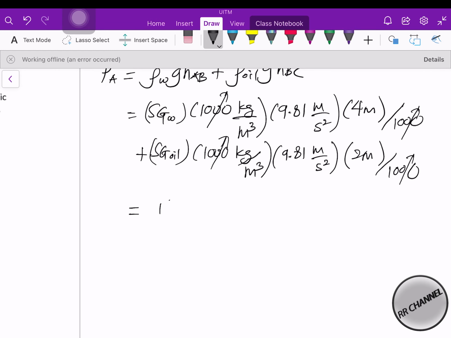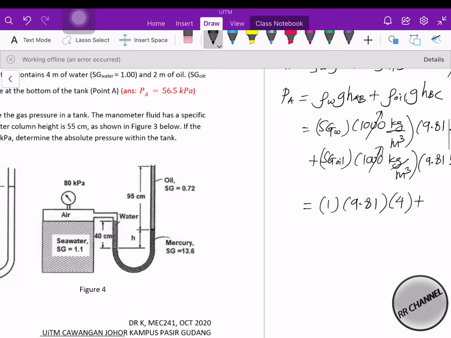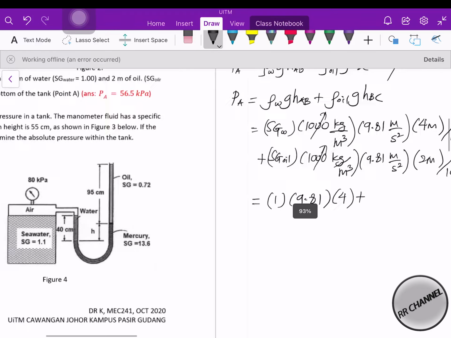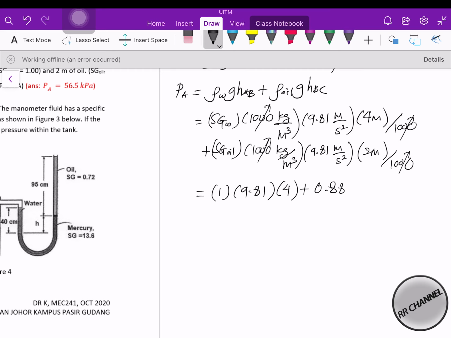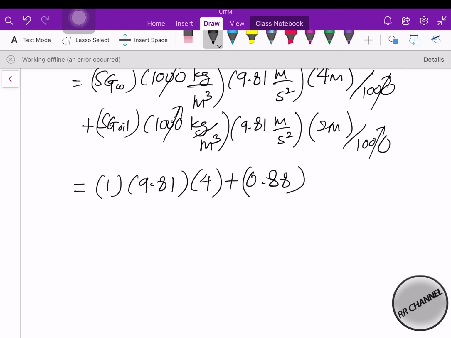SG for the water is equal to 1, then 9.81, this one is 4, plus SG for the oil is 0.88, then you multiply with 9.81, multiply with 2, so you get the answer in kilopascal. Okay, calculate. The value is 56.51.